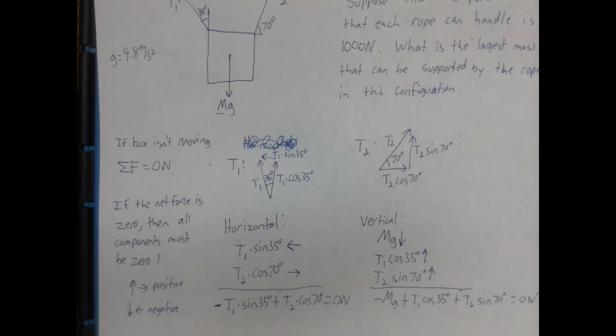So we have two equations, and we have three unknowns, T1, T2, and m. There's not enough information to solve this as it is right now. We have two cases, though.